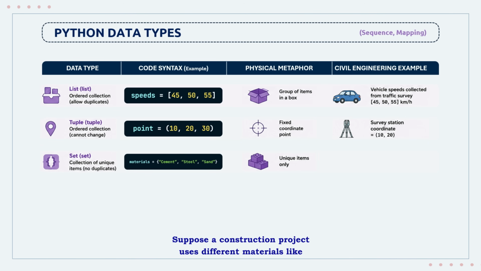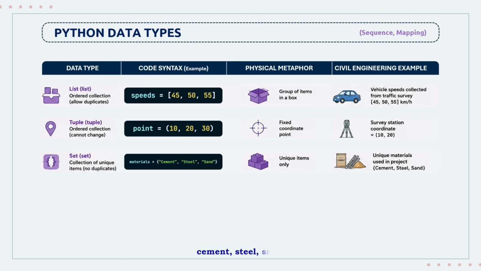Suppose a construction project uses different materials like cement, steel, sand. We can store them using a set. As we are seeing here, materials equal to, within curly bracket, we have written cement, steel, sand as elements.